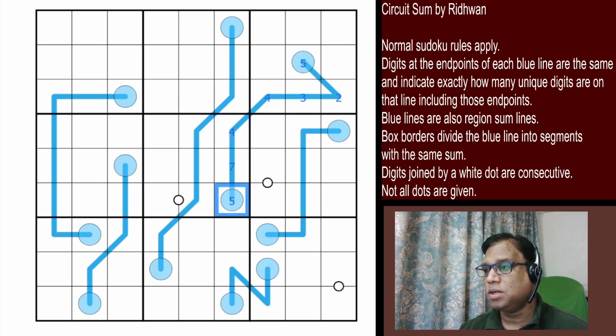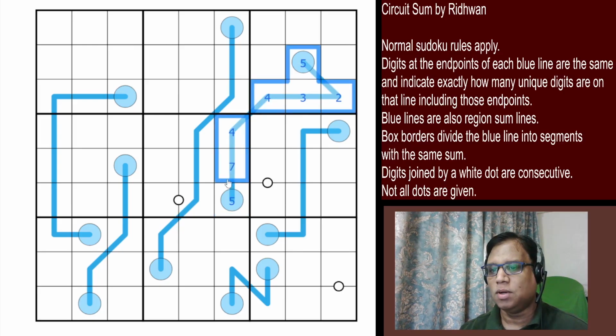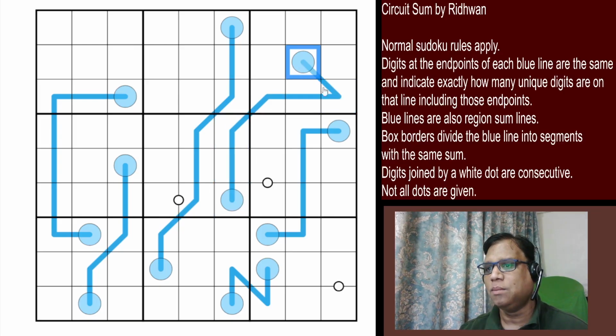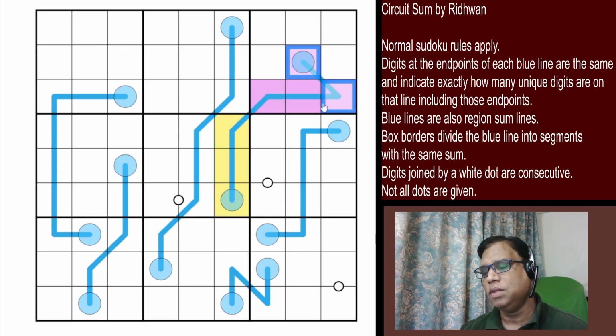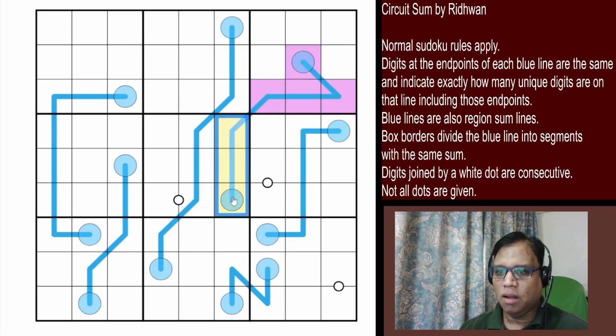Blue lines are also region sum lines. Box borders divide the blue lines into segments with the same sum. So these blue lines are also called region sum lines, which is a kind of standard invariant. Whatever the sum of this part is should be the same as the sum of this part, because this is the same line, and whichever box it goes through, they should have the same sum.